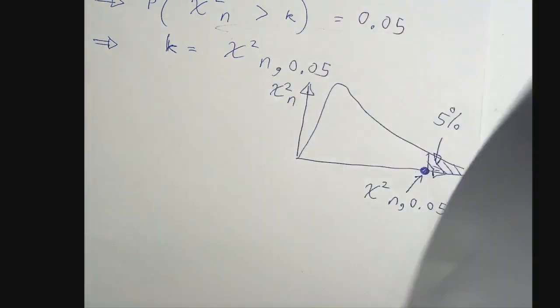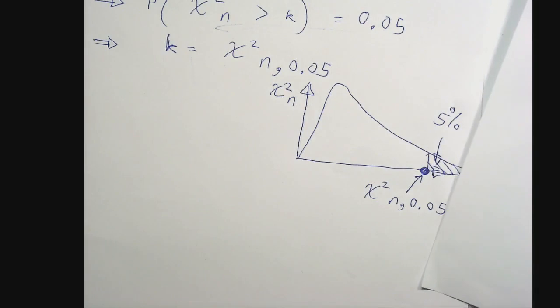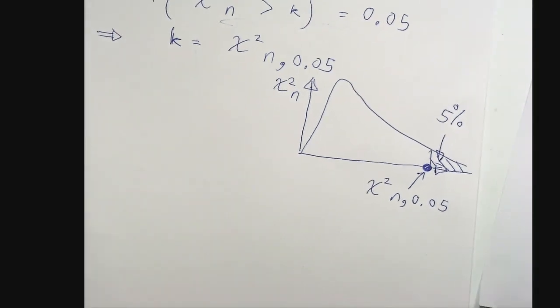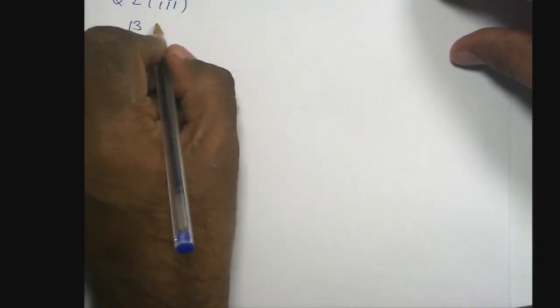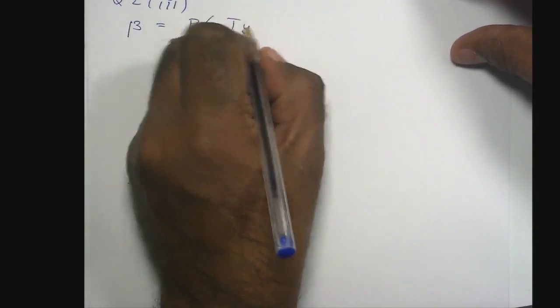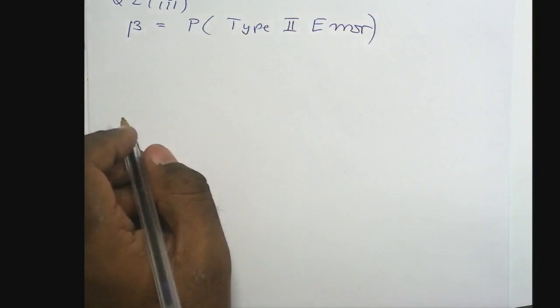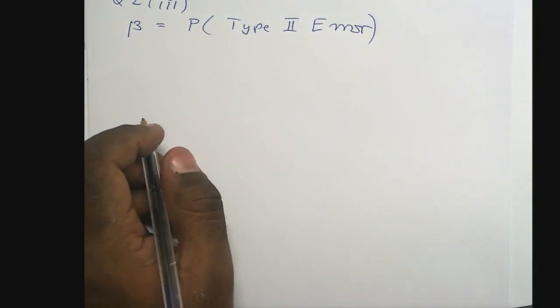Now part 3. Are you done with this? Yeah. All right. Part 3 of question 2 goes like this. We are asked to find the beta, which is the probability of type 2 error, right?